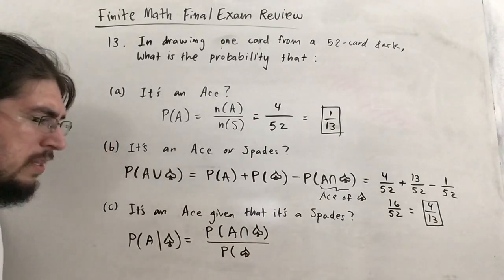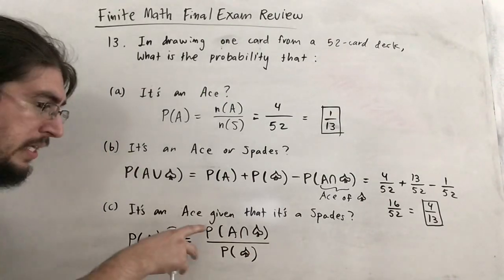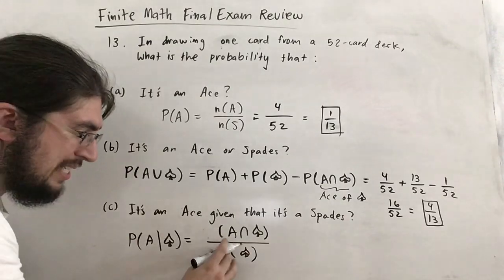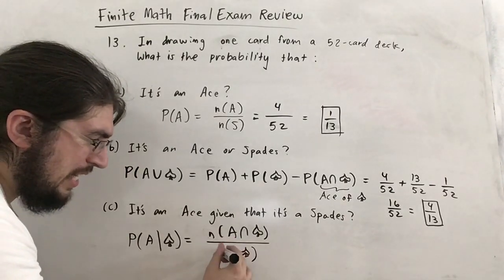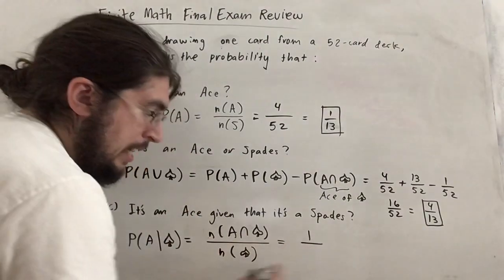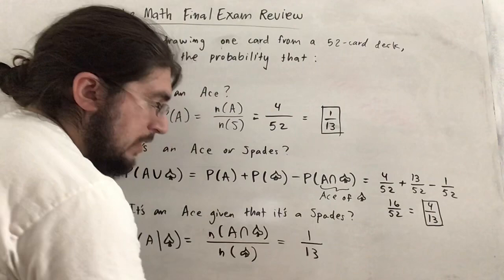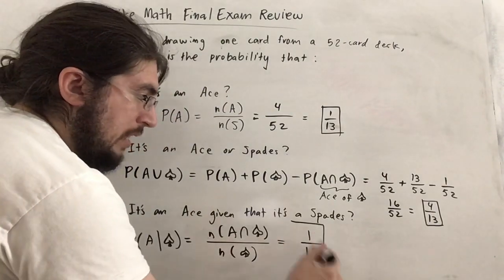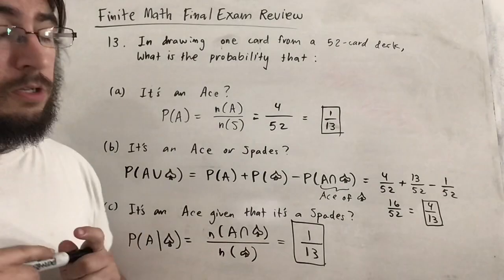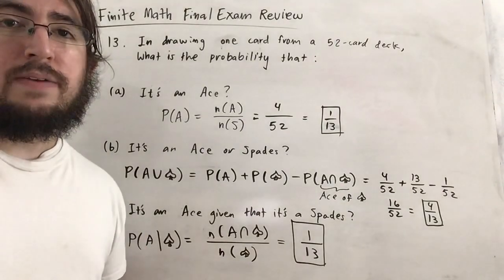And we actually know that this formula is equivalent to replacing the p's with n's, so looking at the number of elements in those sets instead. And that's actually easier to calculate. There's only one ace of spades in the entire deck, and there are 13 spades themselves. So it is indeed 1/13 like I suggested when I went about it more logically. So that concludes 13, and now we'll move on to number 14 finally.